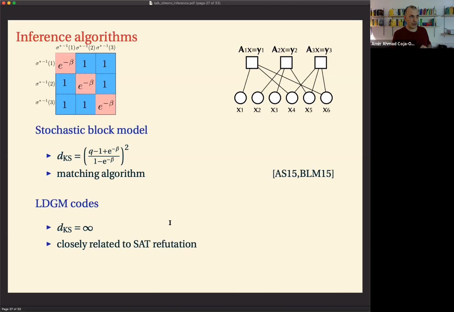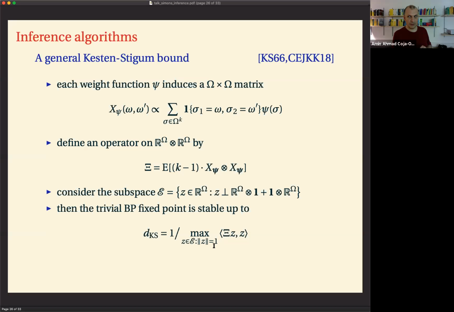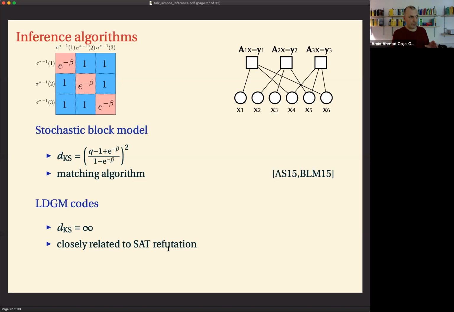So this matrix has a singularity, in other words. And this is unsurprising because in this case, the algorithmic version of the problem is closely related to the K-SAT refutation problem. And we don't expect that to be soluble for any finite constraint to variable ratio.